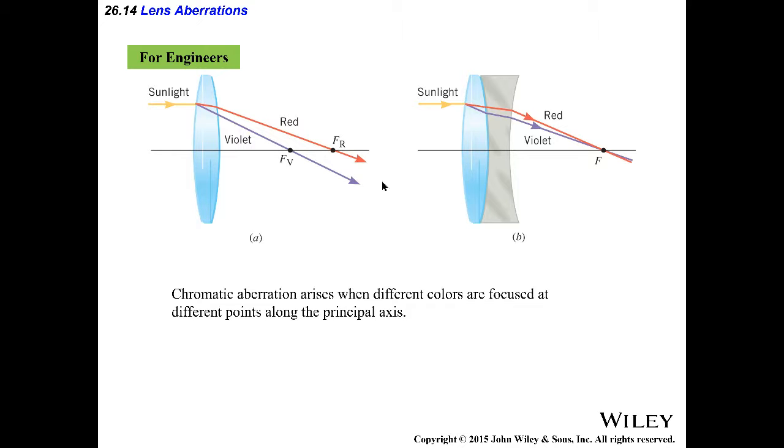If it is white light, it is a mixture of all of the different colors. But all of the different colors have different indices of refraction. And so there can be a set of rainbow colors that come out of your prism, a set of rainbow colors that come out from your lens, because the lens is made of glass. So there will be a separation of colors, and we need to be aware of that.